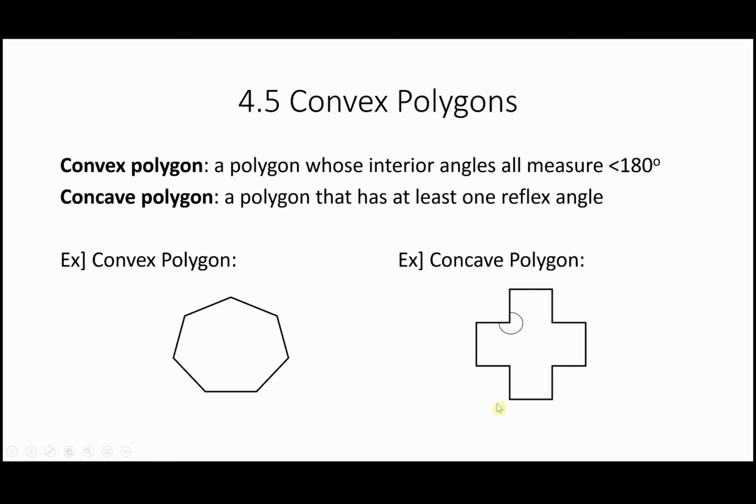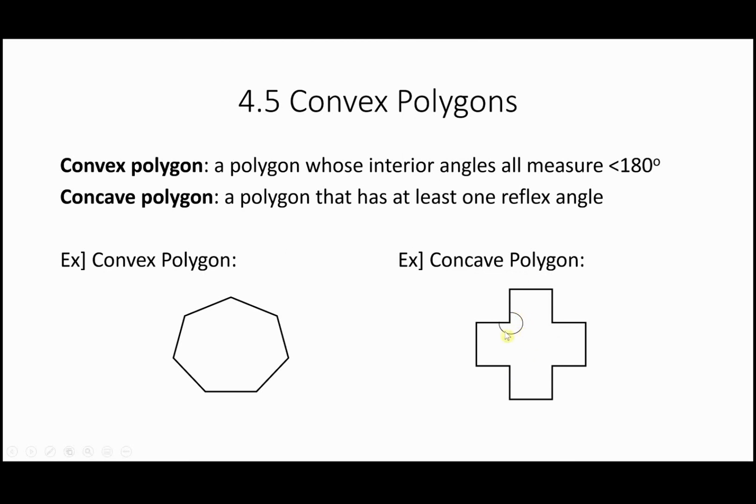Whereas this plus sign looking polygon has 1, 2, 3, 4, 5, 6, 7, 8, 9, 10, 11, 12 edges. So what's the term for a 12-edged polygon? It's actually a dodecagon. Not that you need to know that, but it's a fun bit of trivia.